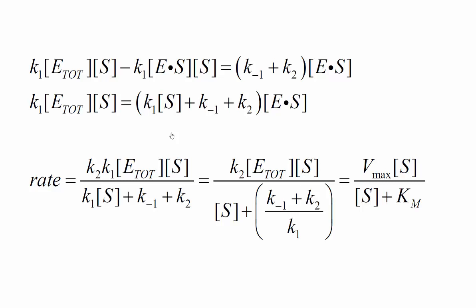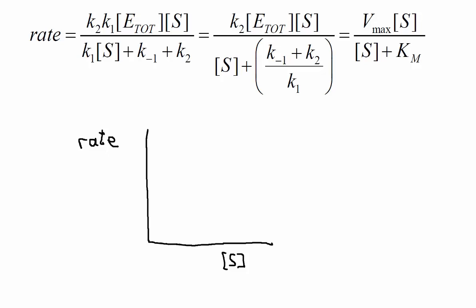But let me show you how this equation lines up with the experimental data. So we can analyze this equation and compare it to the experimental data. What's normally done is, in the experiment, we will vary the amount of substrate present and measure the rate of the reaction.